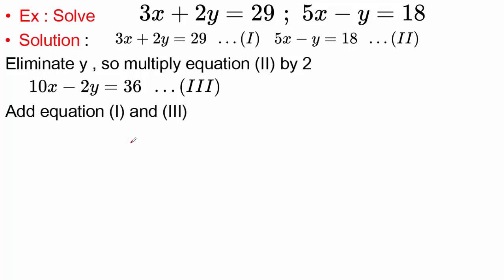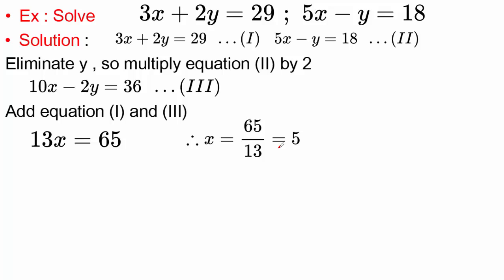Therefore we shall add equations 1 and 3 to eliminate y. 3x plus 10x equals 13x, 2y minus 2y is 0, and 29 plus 36 equals 65. Thus we get 13x equals 65, and hence x equals 65 by 13, which is 5.